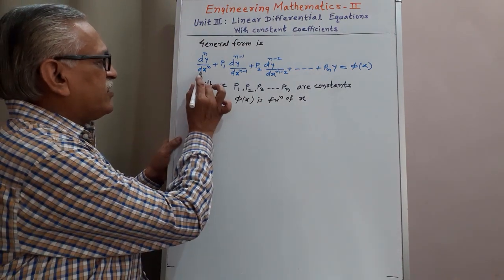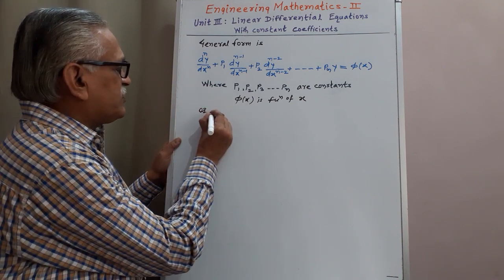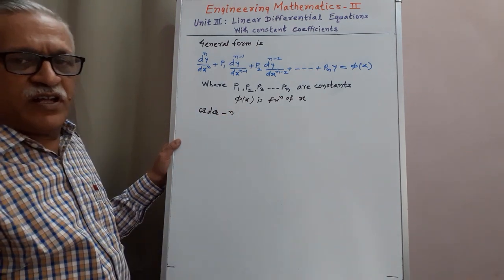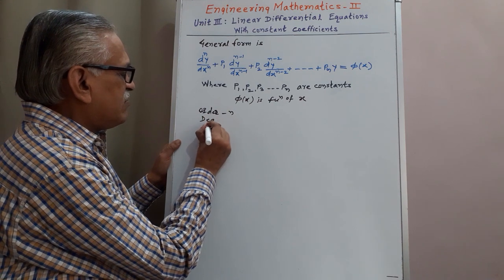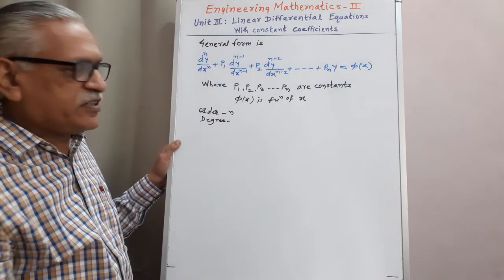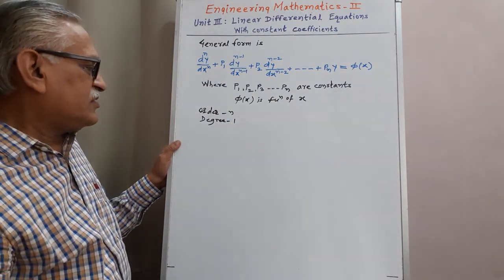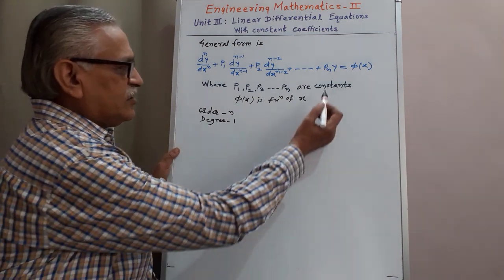Here the highest order derivative is of nth order, therefore the order of this differential equation is n. The degree is the index or the power of that highest order derivative, which is 1, therefore this is an nth order first degree linear differential equation. Why is it linear?